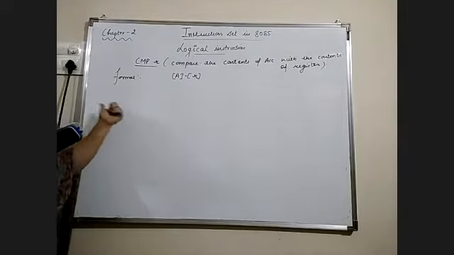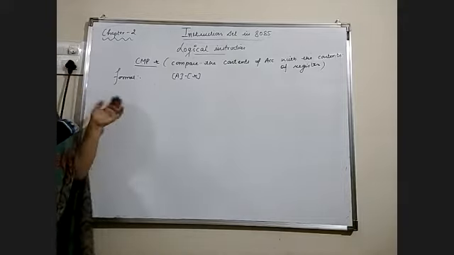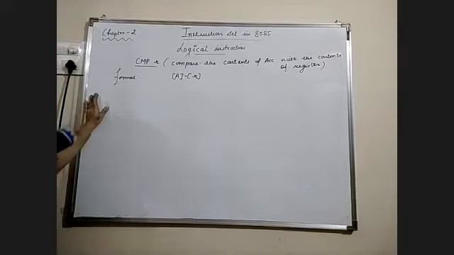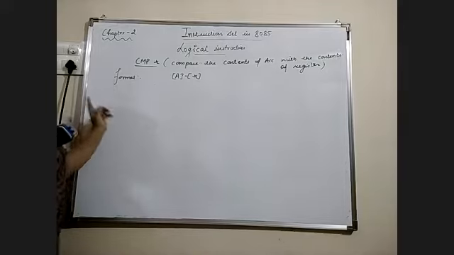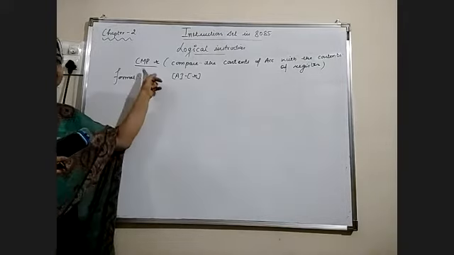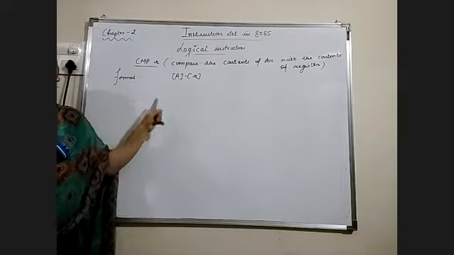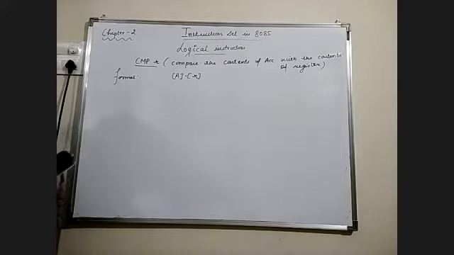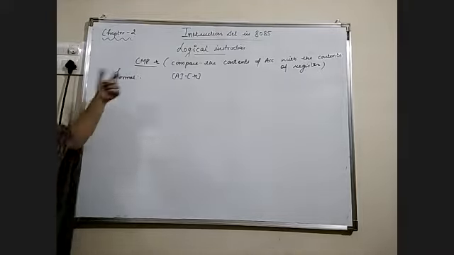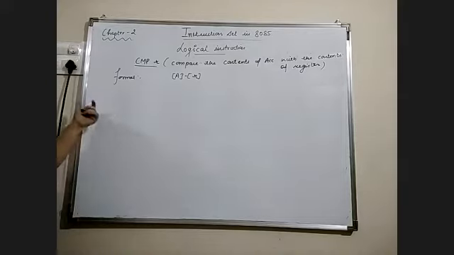In case of SUB, the arithmetic subtraction instruction, the result is stored in the accumulator after execution. But in case of the compare instruction, after the subtraction, the result won't be stored in the accumulator. So the accumulator contents remain the same after the execution as before the execution.